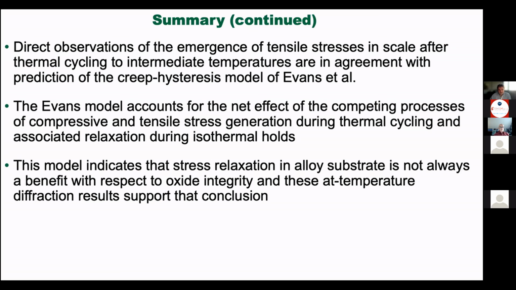This model indicates that stress relaxation in the alloy substrate is not always a benefit with respect to oxide integrity. And these at-temperature diffraction results that I presented today really do support that conclusion as well as the model.